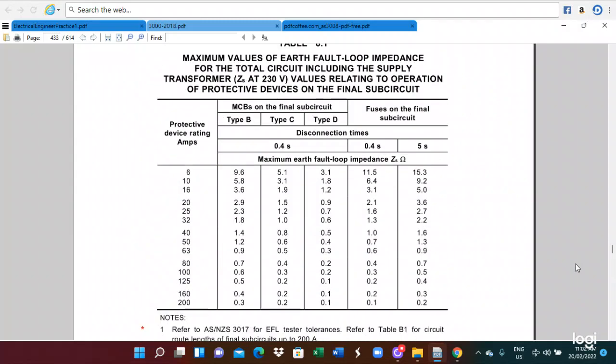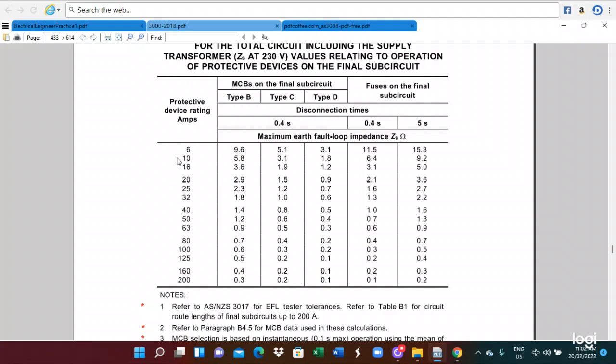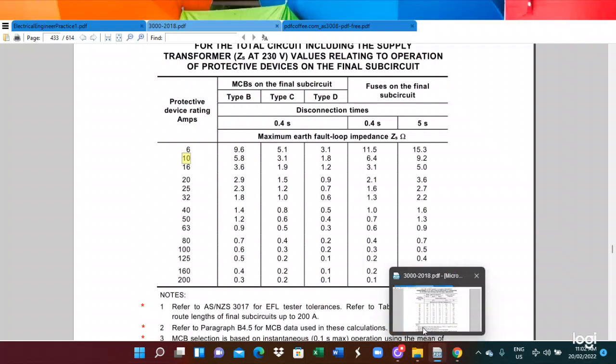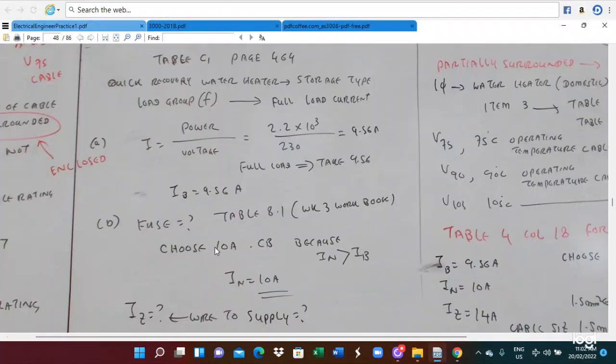So this is table 8.1. So for 9.65 we can take the 10 ampere rating. So 10 ampere is what we have to utilize, and with this 10 ampere rating we have to select the circuit breaker.